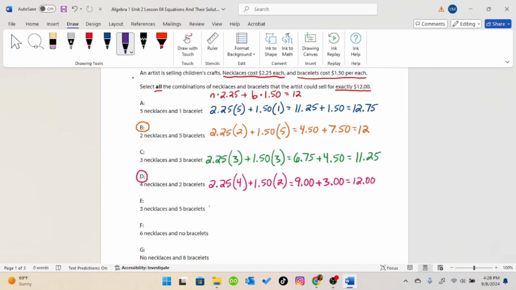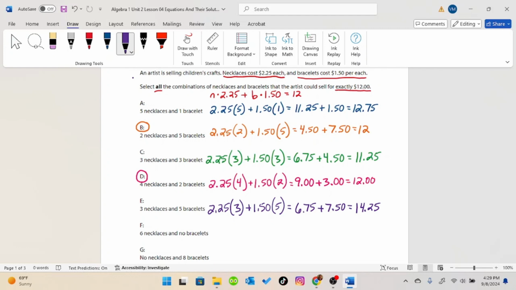Option E. We have $2.25 times 3 necklaces plus $1.50 times 5 bracelets. $2.25 times 3 is $6.75. $1.50 times 5 is $7.50, and $6.75 plus $7.50 is $14.25.